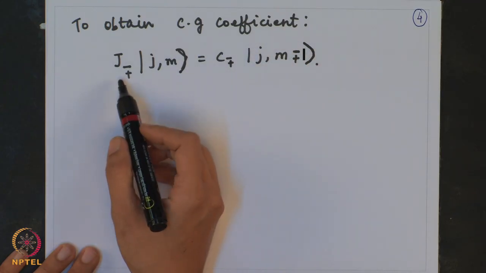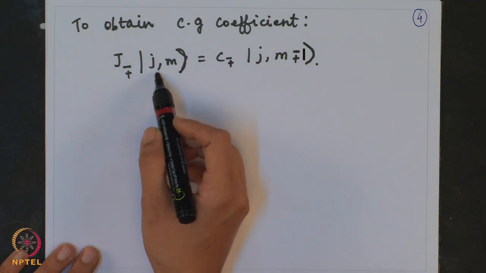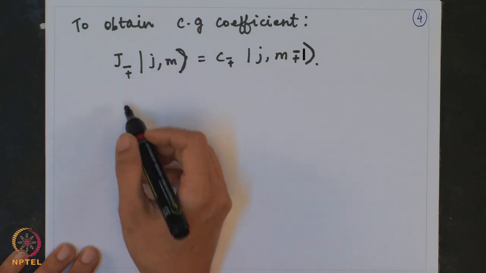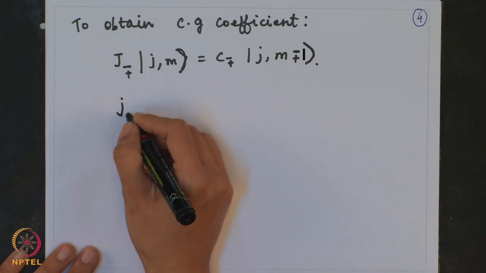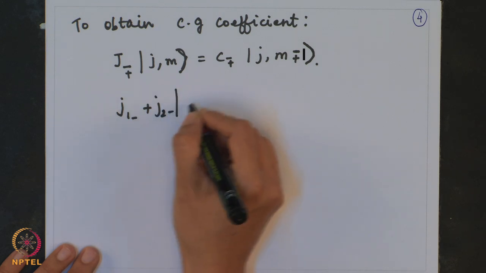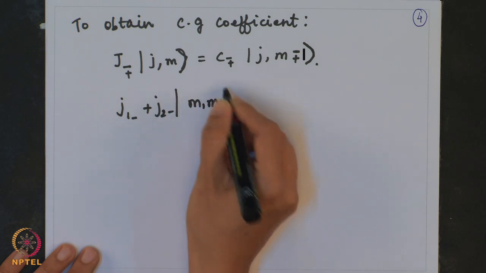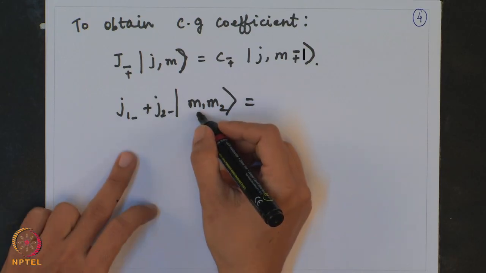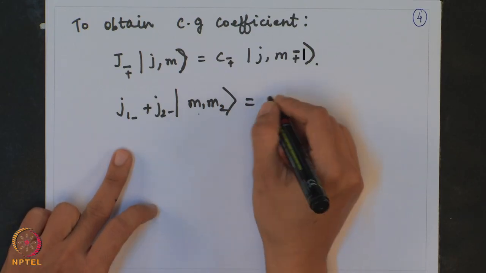Similarly, if the ladder operator J1 minus plus J2 minus plus is operated on M1 M2, once it will operate on M1 and the other time on M2.